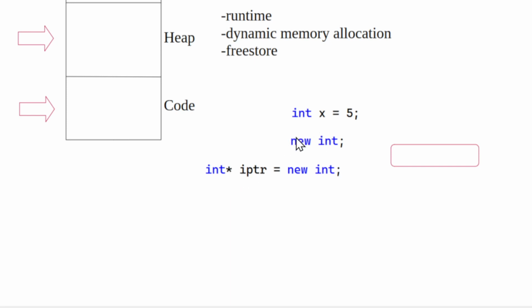Like in the previous case, you don't have any way of accessing this memory. So this memory remains occupied. And if you have a large number of such occupied memory blocks, then available memory space in the heap becomes insufficient, right? So performance of your program can go down.